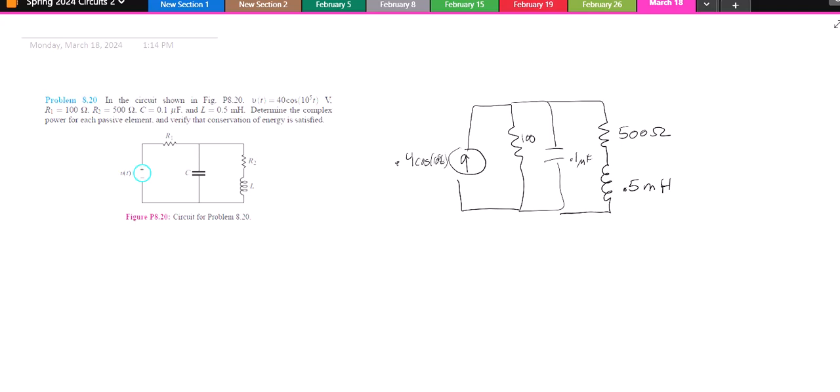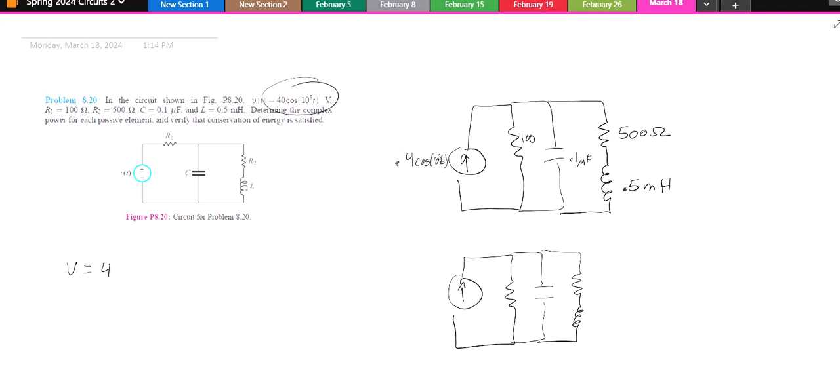So if we change this to all phasors, then our inductor will be J omega L. Now omega, we get this from here, so if our original voltage was 40 cosine 10 to the 5th t, then omega is 10 to the 5th.